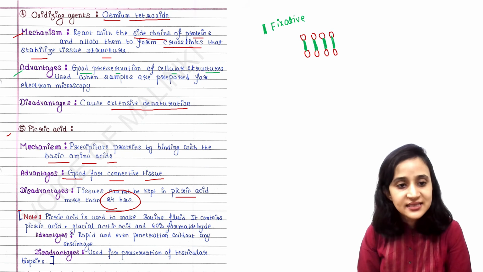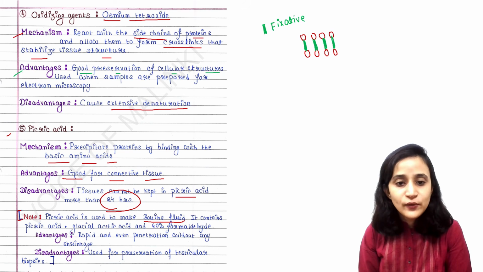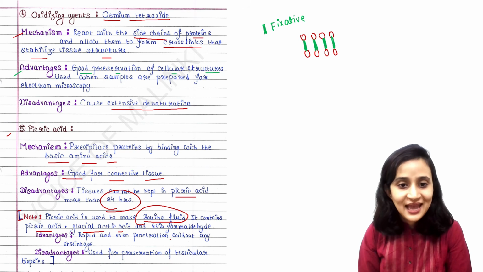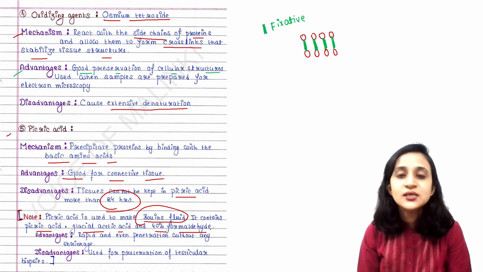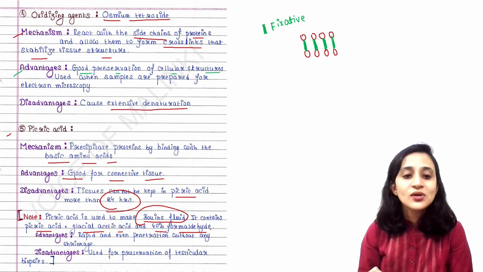And one thing you need to know is that picric acid is used to make Bouin's fluid. Bouin's fluid contains picric acid, glacial acetic acid and 40% formaldehyde. So that is one more fixative. It is a compound fixative because it has more than one component.